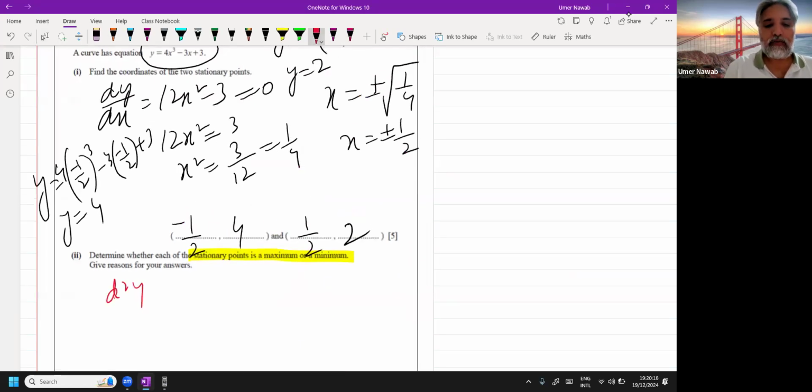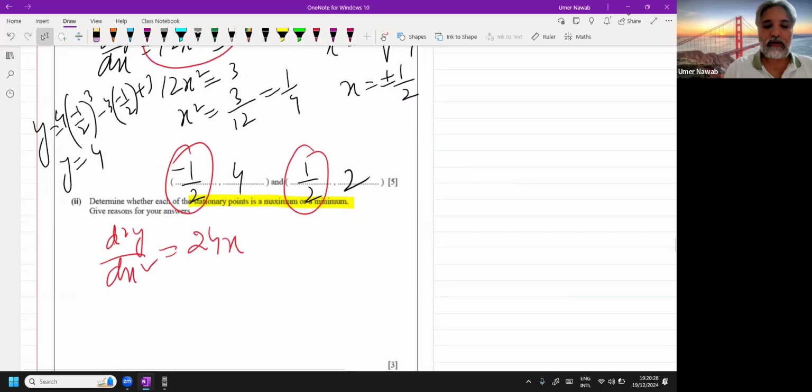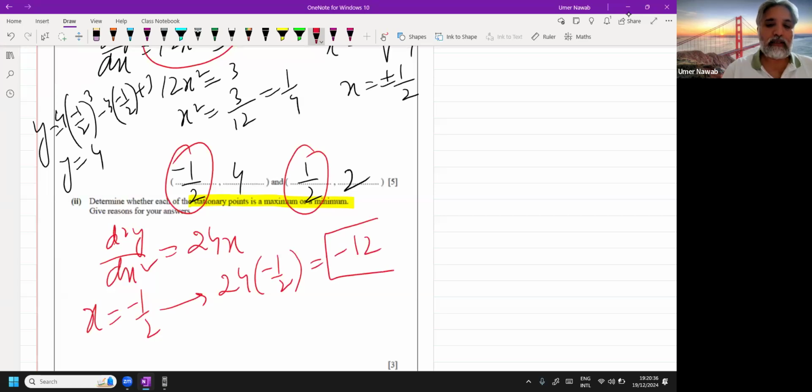For this, we have taught you that you need to take the second derivative. So the first derivative was 12x squared minus 3, so the second derivative will be 24x. Now one by one, substitute the values of x here. If x is equal to negative half, 24 times negative half gives you negative 12. Since it is negative, I told you in the class that it means this point is a maximum point.